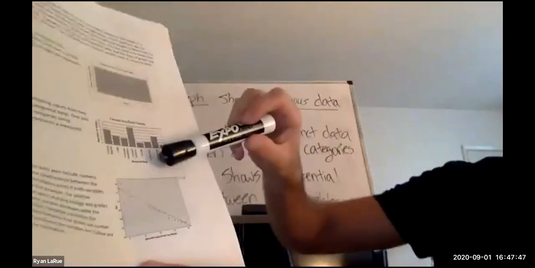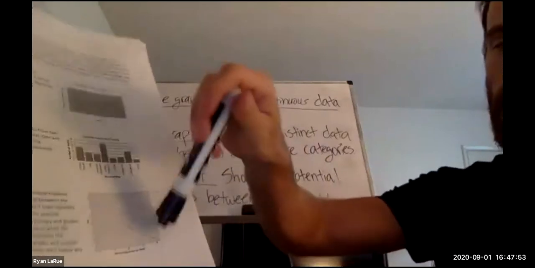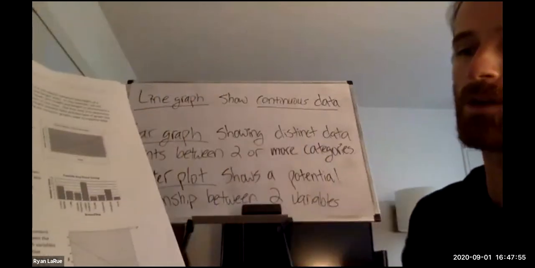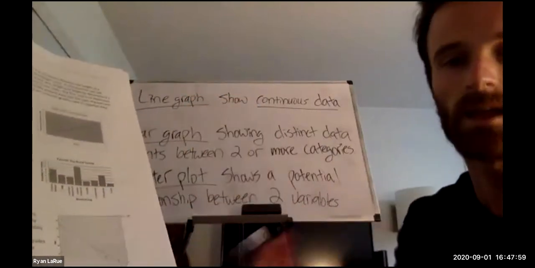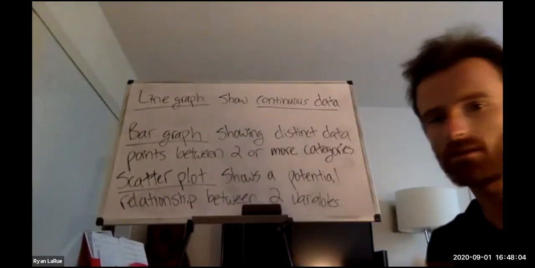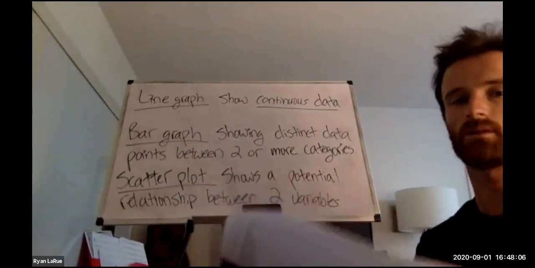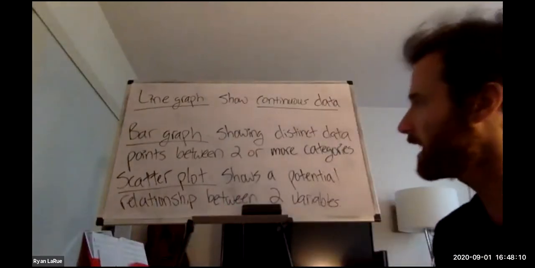And then the age is on the vertical axis. So you'll see all these points, and it's a scatter plot showing a potential relationship between how much you use the internet and how old you are. Scatter plots are used to show a potential correlation or relationship between two variables like that.